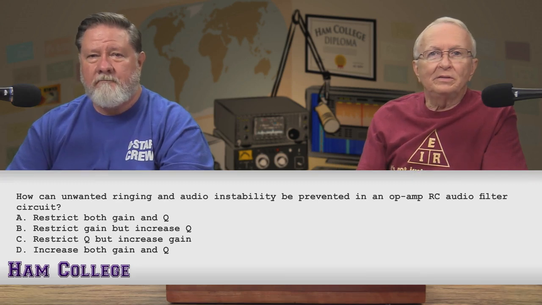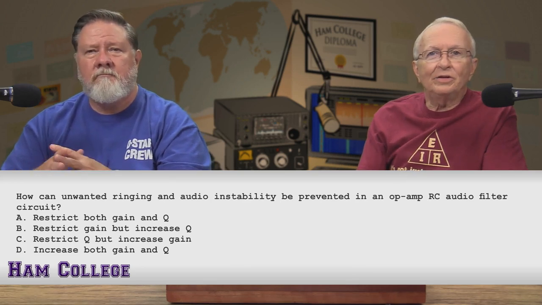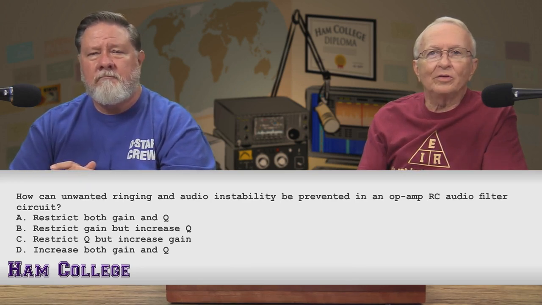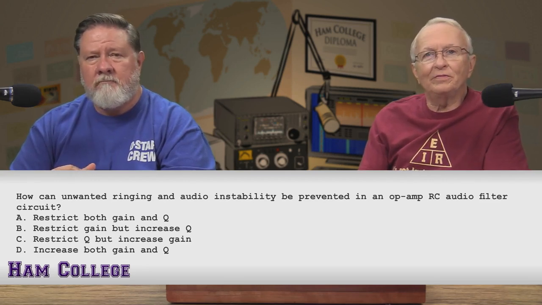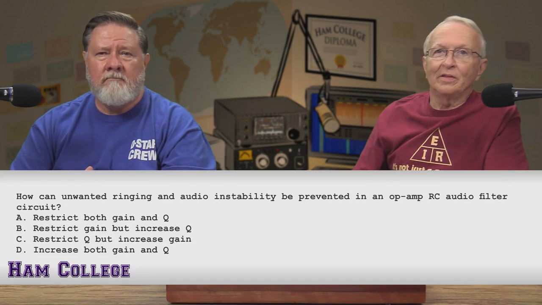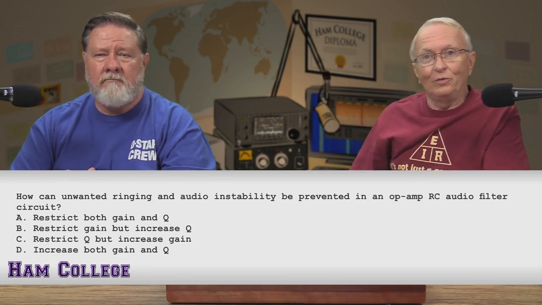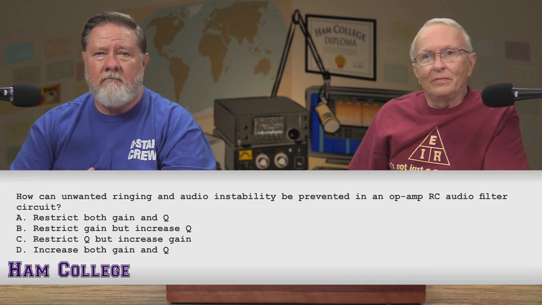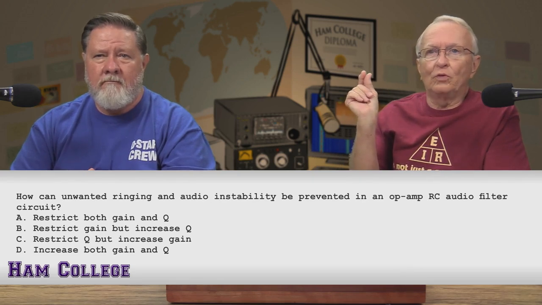Or D, increase both gain and Q. All right, gain means the gain or the voltage level or volume or however you want to say it. Q is the bandwidth. And the higher the Q, the narrower the bandwidth.